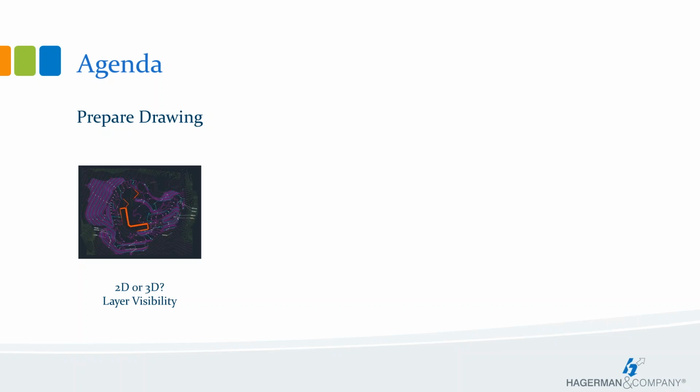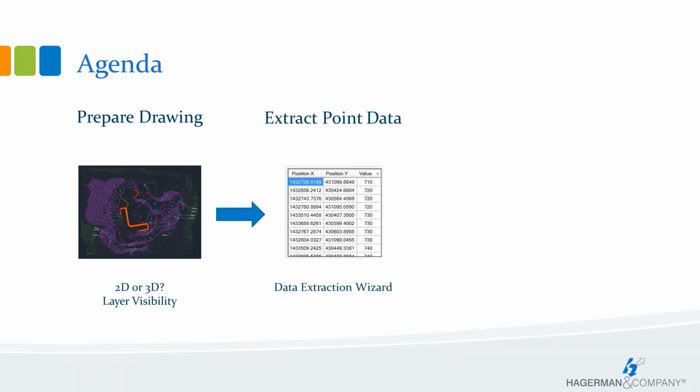So we'll look at some prep work on the CAD side. We will also look at using AutoCAD's data extraction wizard to harness the data that we can use to create a topo surface in Revit.